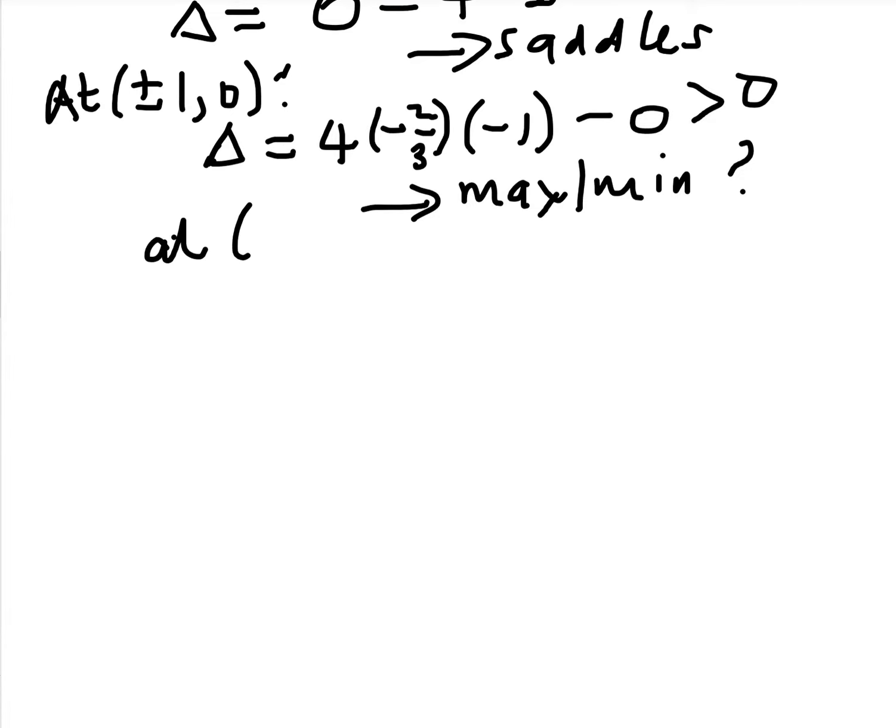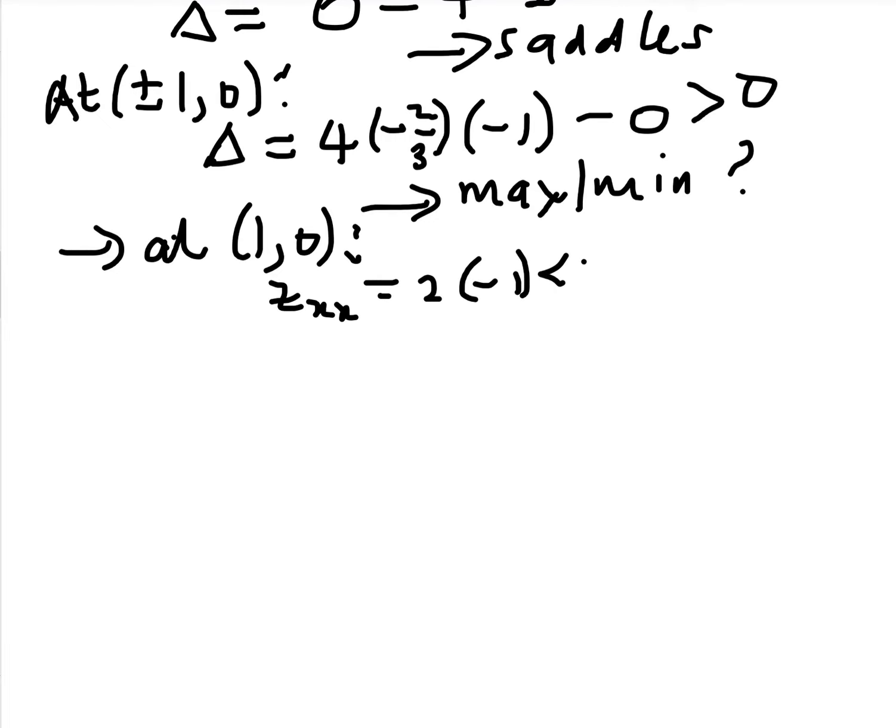So if we take the point with coordinates (1, 0), we need to see what the sign of the second derivative is. If you just go back and see what z double x is, this is going to be equal to 2 times minus 1, so this is negative, and if your second derivative is negative, what you get is a proper maximum.